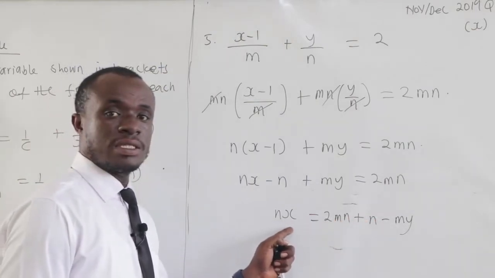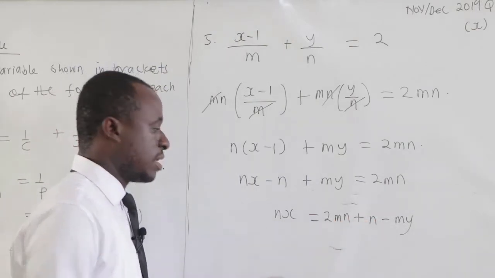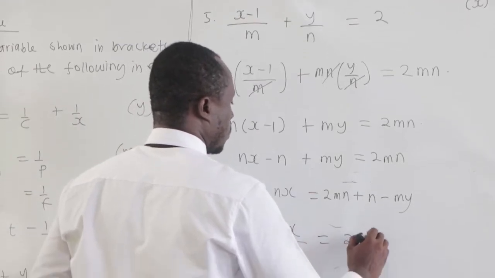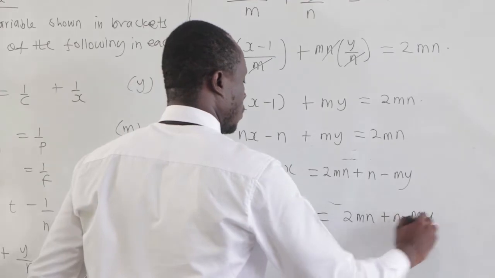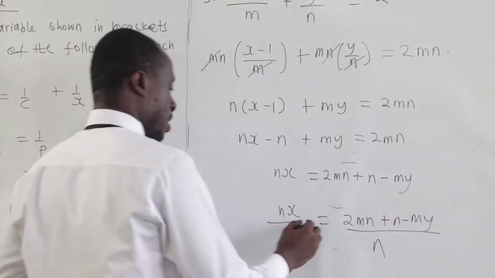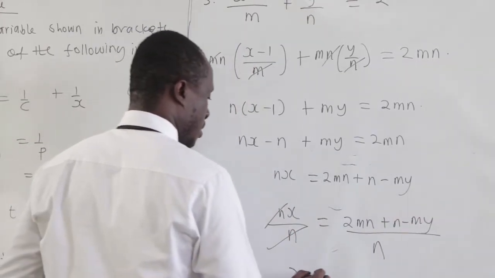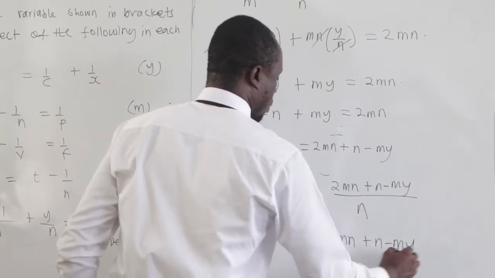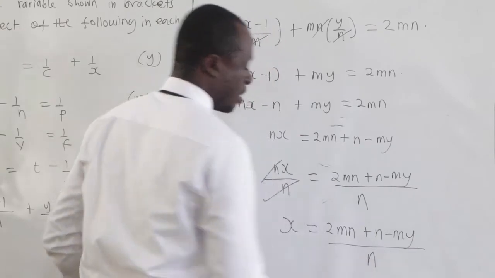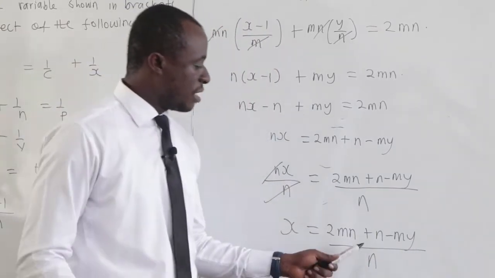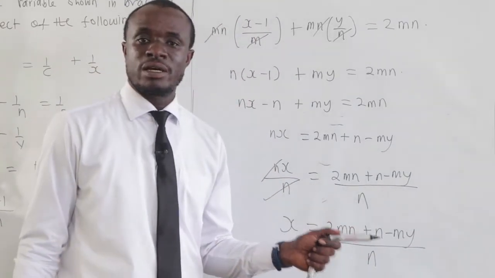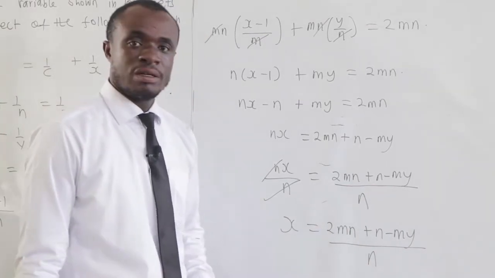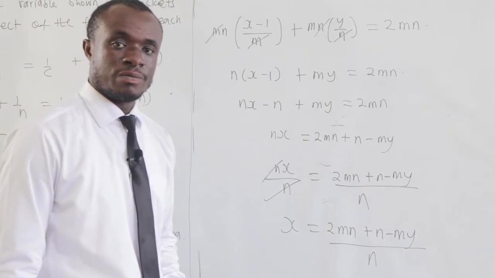We want to make x the subject, so we divide by what is multiplying the x, which is n. So clearly this n is cancelling that n, so you have our x equal to 2mn plus n minus my all over n. Be very careful, n is not a factor of the numerator, so the n cannot cancel out. Be very, very careful. So your answer can be in this form.